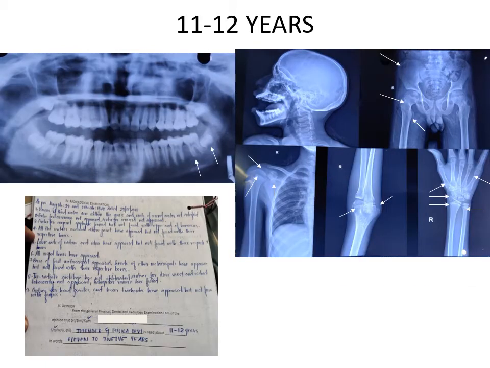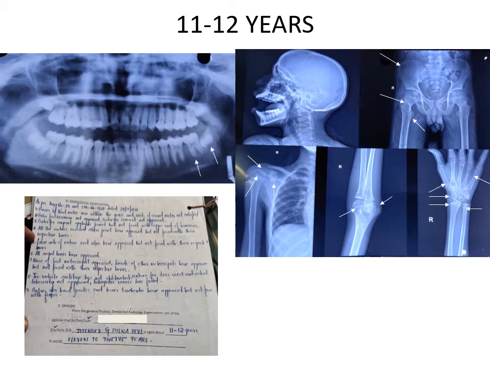In the next one, almost mixed dentition is over, and almost all the teeth are permanent. You don't find any other tooth crowns present in the gums, except for the third molar seen within the gums.